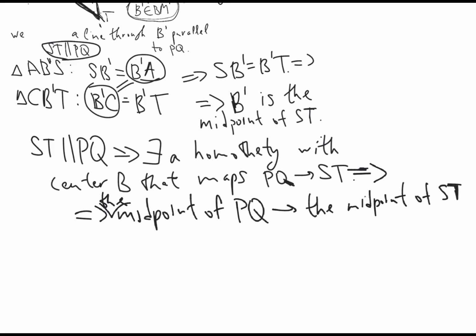Because under a homothety, when a segment is mapped to another segment, the midpoint of the first segment must be mapped to the midpoint of the second segment.